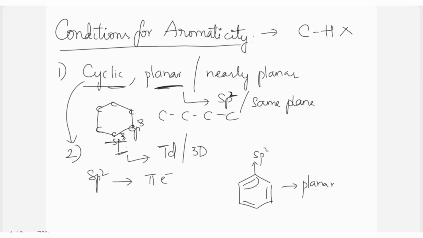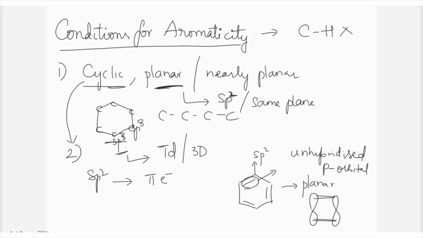And how is this pi bond formed? It is formed by the unhybridized p orbital. What do you mean by unhybridized p orbital? The p orbital in carbon is not involved in hybridization. It is left free to form a pi bond through sideways overlapping.